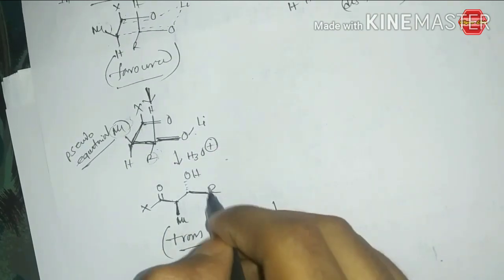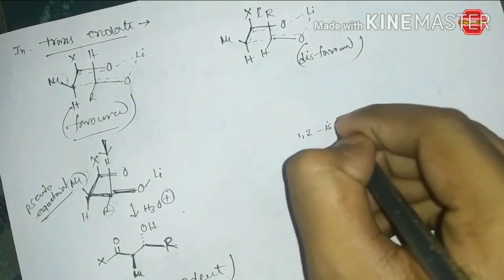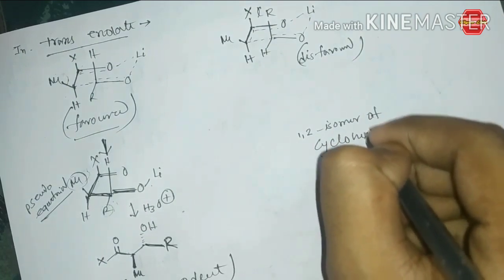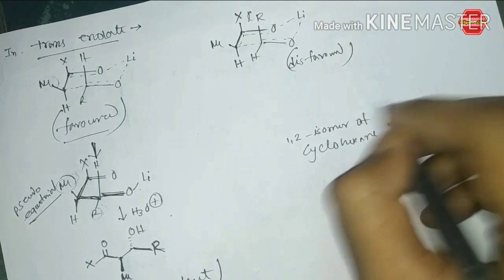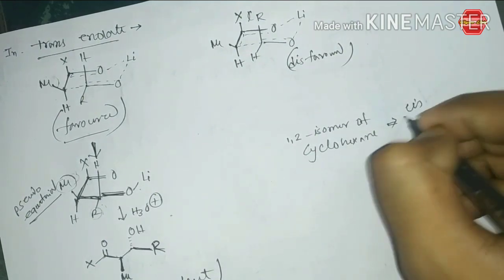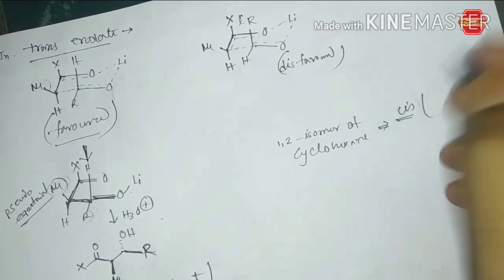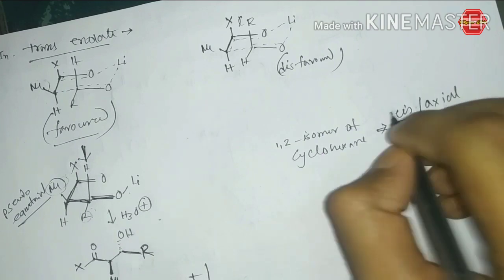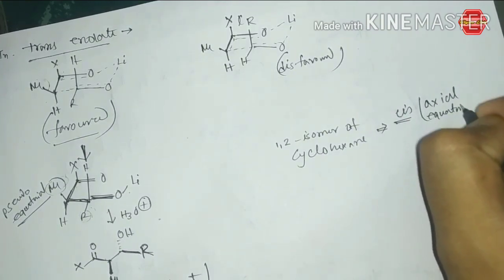We know that for the 1,2 isomer of cyclohexane, it is called cis when one group is axial and the other is equatorial.